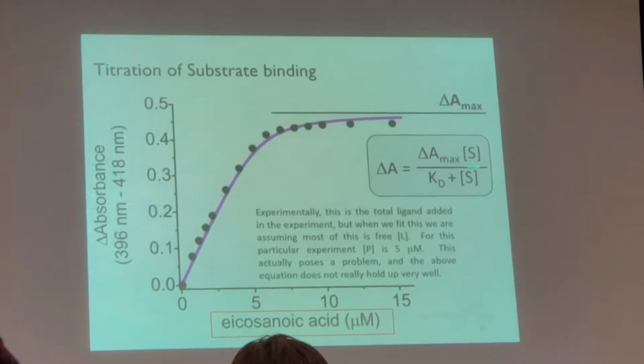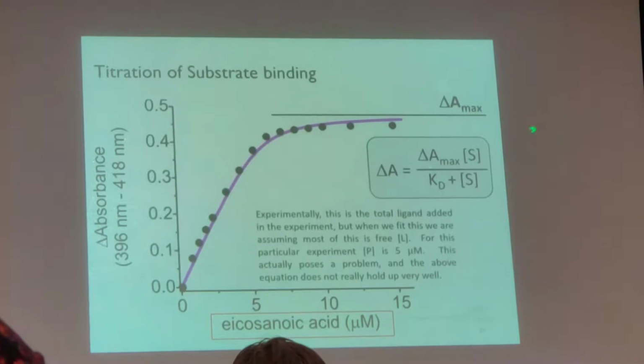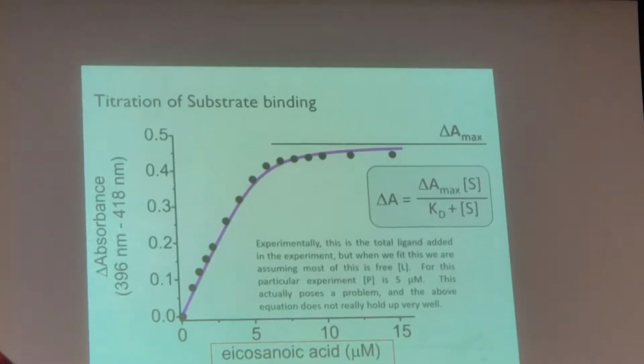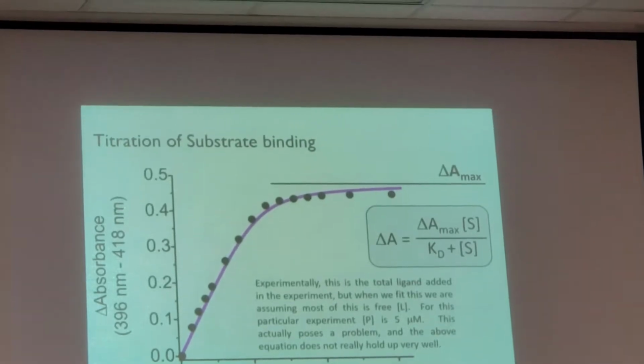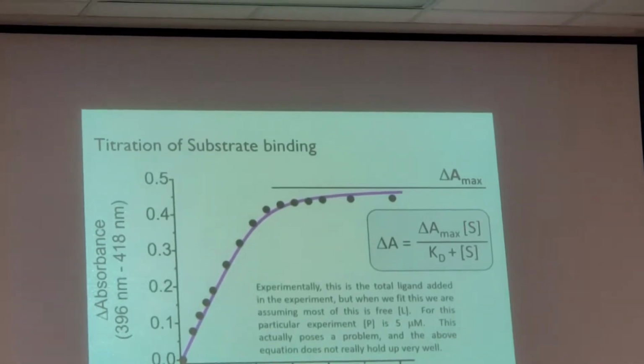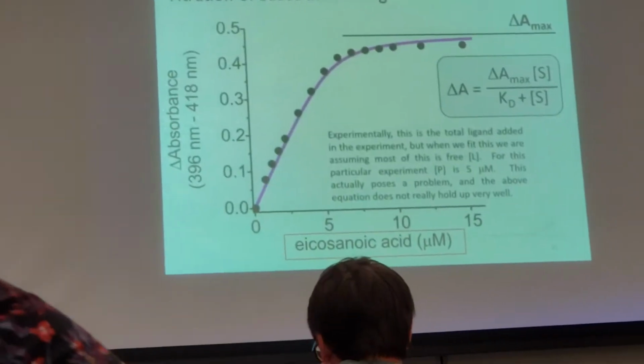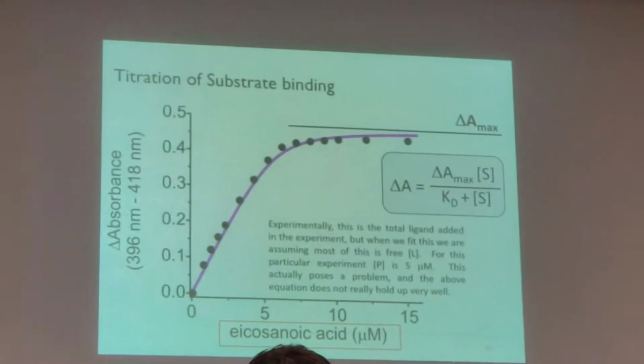And he fits it to an equation like this. Notice that there's some change in absorption, and basically this is just a permutation of L over KD plus L. This substrate, in this case, is L, KD plus substrate, that's KD plus L. A mass is basically where this thing will ultimately saturate out.